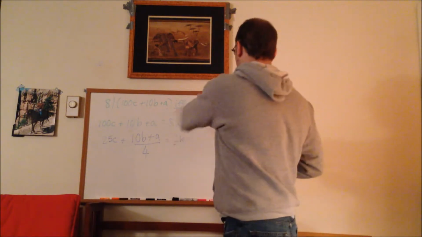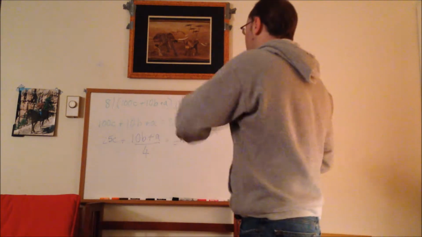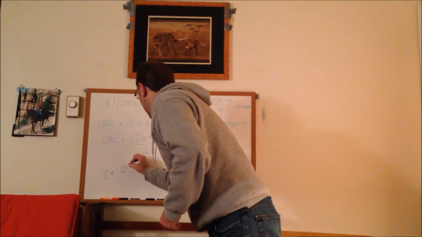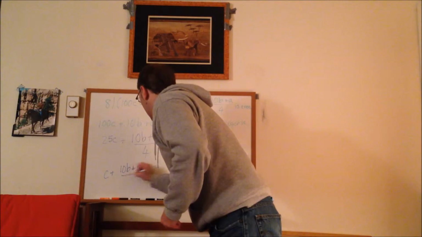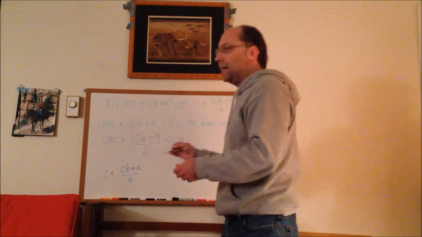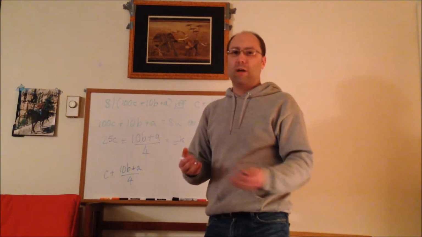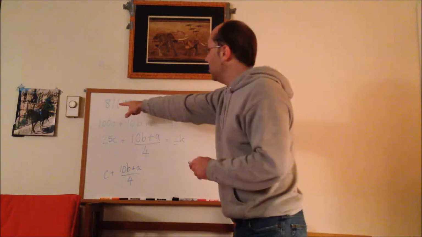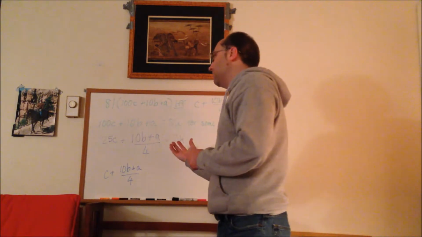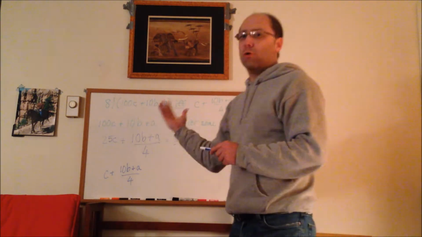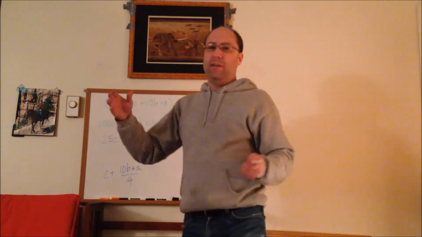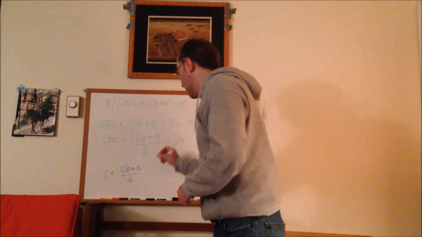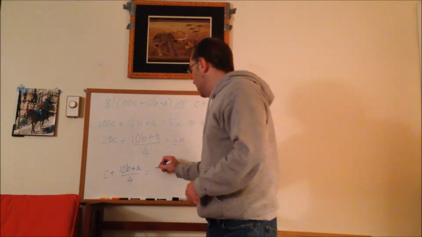So we're kind of to an even number here. And now all you have to do is write it as C plus 10B plus A over 4. That's those last two digits extracted as a number itself divided by 4, which gives you some integer, because we know it's divisible. If it's divisible by 8, it has to be divisible by 4 as a prerequisite. Sort of like you have to take algebra before you take calculus to be able to do the problems. So this is going to be 2K.